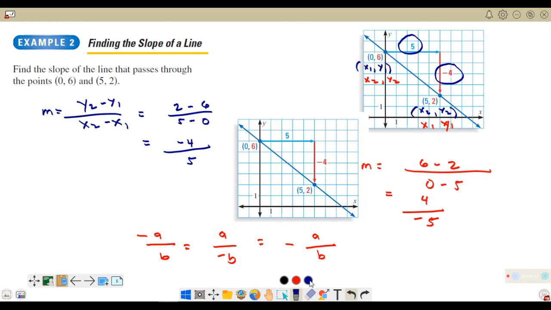Tapos imbis na pababa, papataas naman siya, which is positive 4. So, instead na nag-focus ka sa taas ng line, nag-focus ka ngayon sa baba ng line. Ang naging movement niya, pakaliwa at pataas, instead na pakanan, tas pababa.